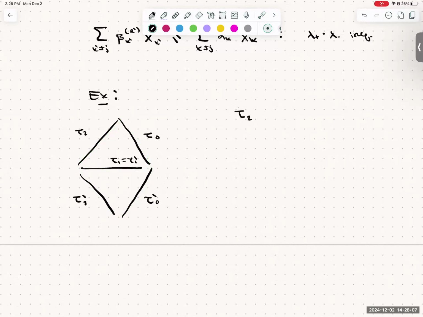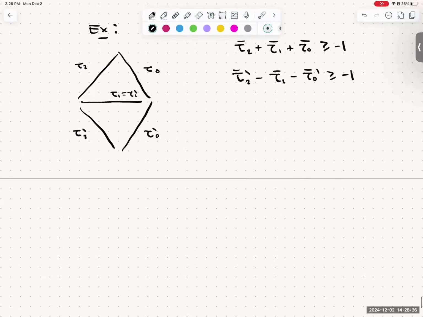So I have one inequality perhaps like this: tau 1 plus tau 0 greater than or equal to -1, and then tau 2 prime minus tau 1, which is the same as tau 1 bar, minus tau 0 prime greater than or equal to -1.